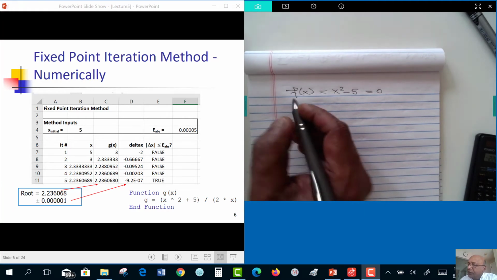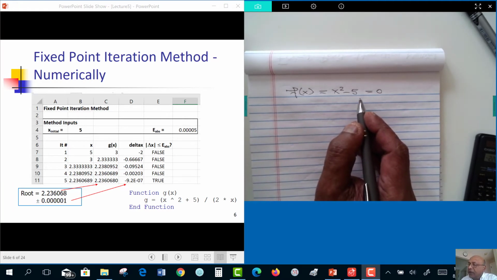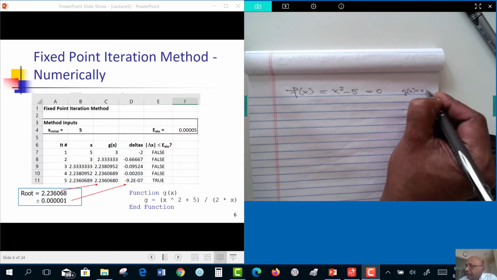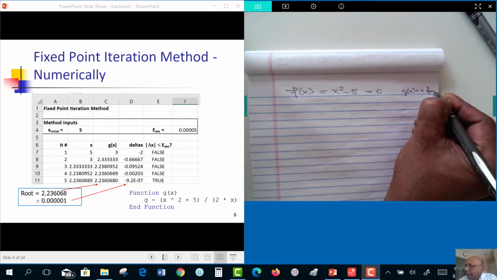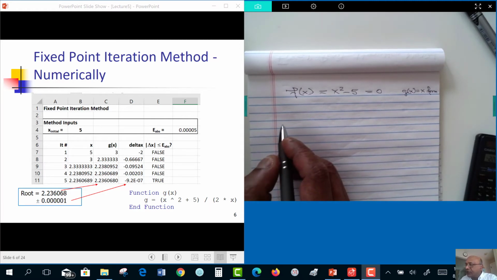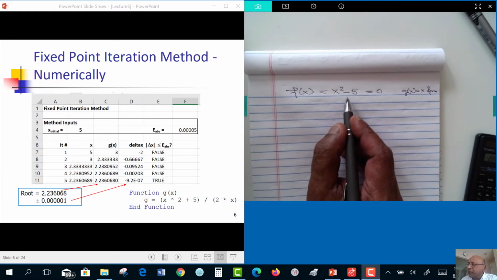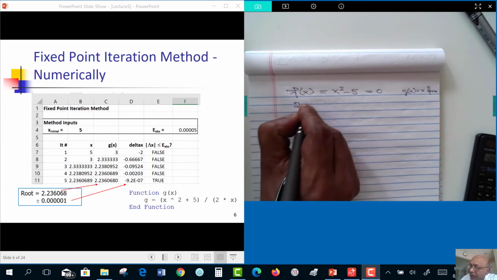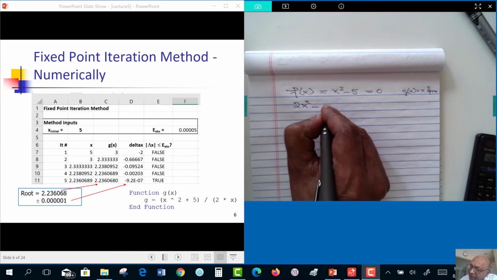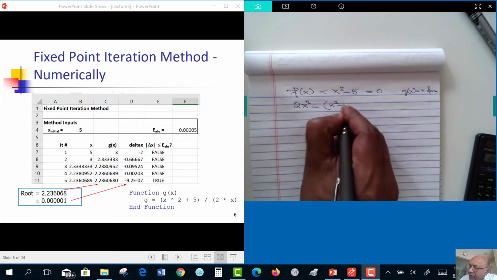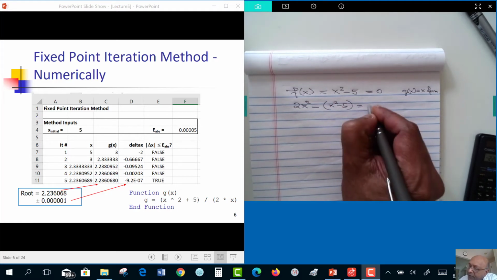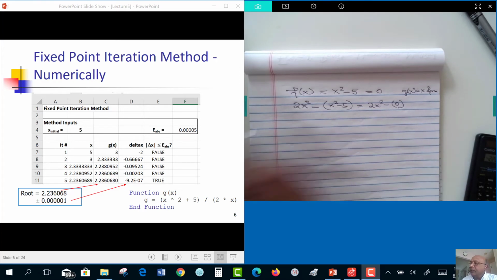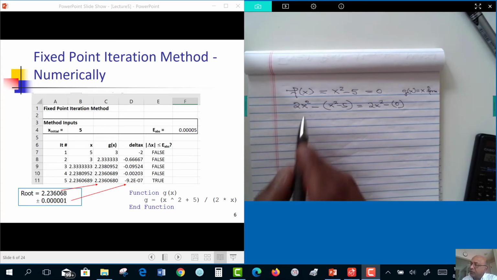So we need to transform this into a form g(x) is equal to x. I'm going to do it in a strange way. What I'm going to do is I'm going to subtract both sides of the equation from 2x squared.